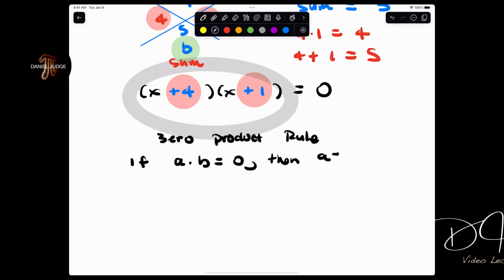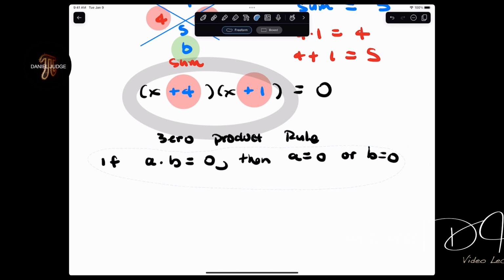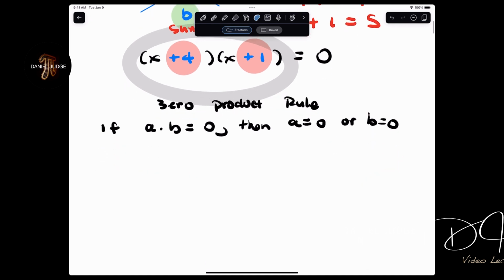So it means either a was 0 or b is 0. This is called the zero product rule. Okay, so let's share with you guys how this works.